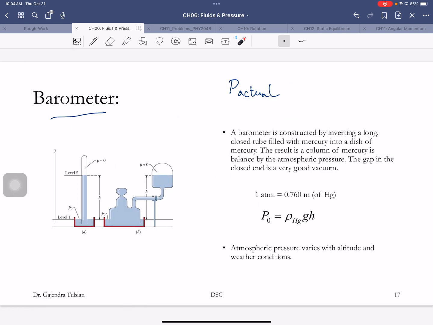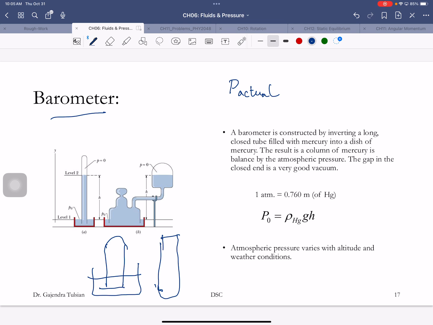Here's how a barometer is built. You take mercury, and you take a tube like this. It has to be 1 meter long, 3 feet long. You fill it with mercury, and then you put your thumb on it, and invert the tube there.